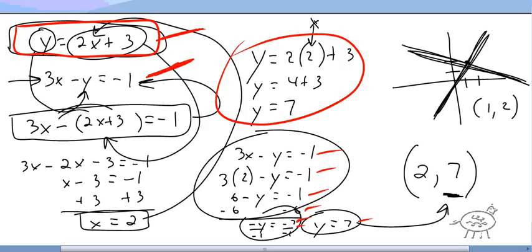Okay, so let's try a new problem. X equals negative 2y minus 1 and 2x plus 3y equals negative 5.